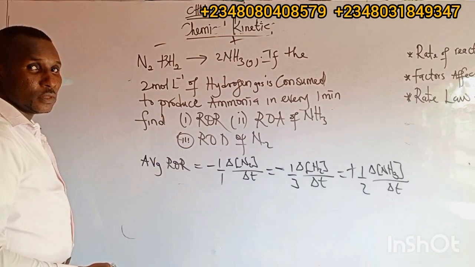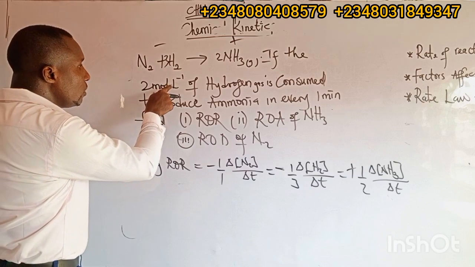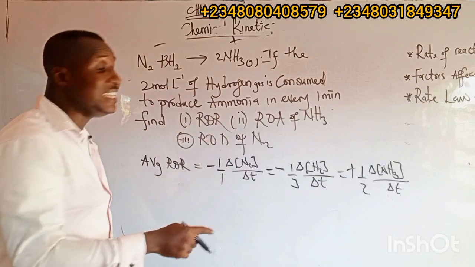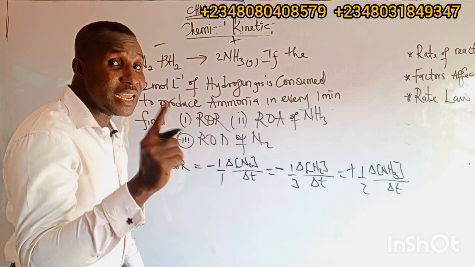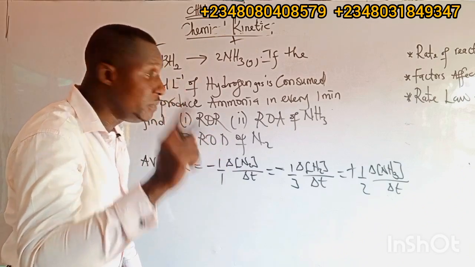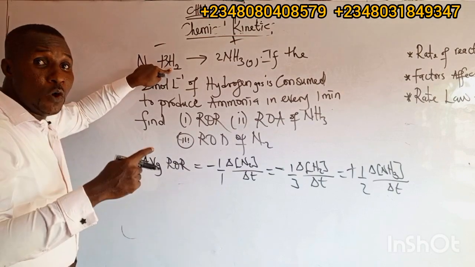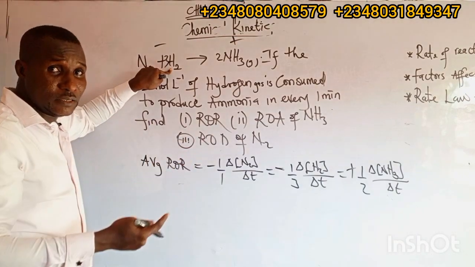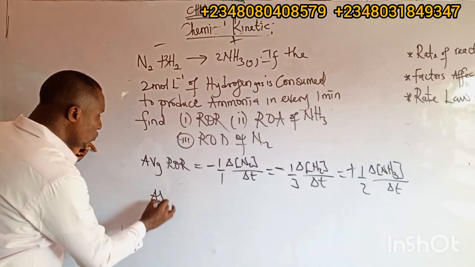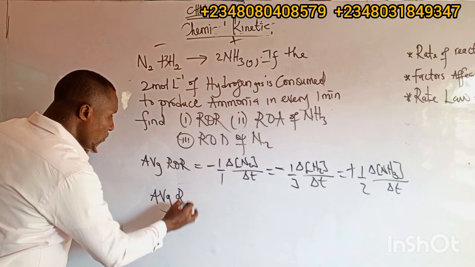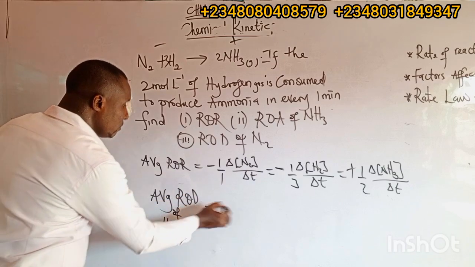Look at this. In the question, they say 2 moles per liter of hydrogen gas is consumed to produce ammonia in every 1 minute. That means this one, hydrogen gas, is being what? Disappeared. Therefore, what is the average rate of disappearance of hydrogen gas?